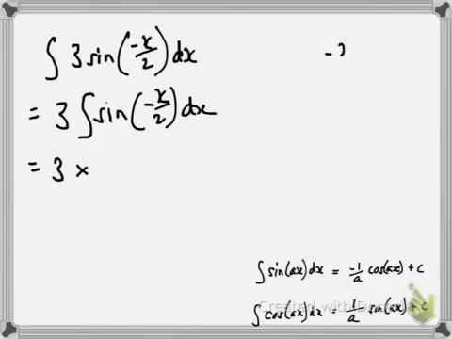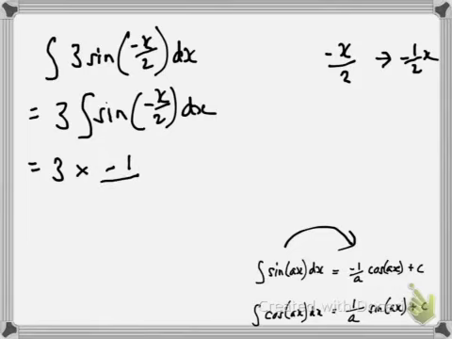What's the coefficient here? That's the same as negative a half x, so the coefficient is negative a half. Now sine goes to, if we look at our rules, negative cos, so it's negative 1 over the coefficient, which is negative a half.